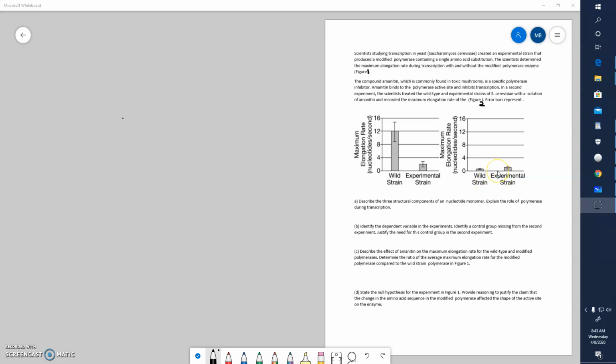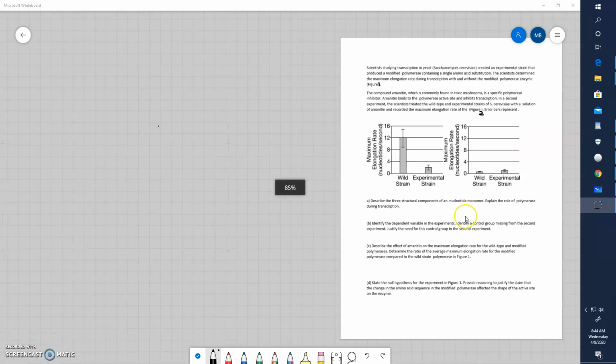Again, for the second experiment, you're seeing the effect of amatoxin, but you don't have any good baseline to judge how drastic the effect is based on the other results. Maybe there's something in the conditions, though they should be under the same conditions, that affected this. We don't know. So you need a control, and that control will be something from the first experiment without amatoxin.